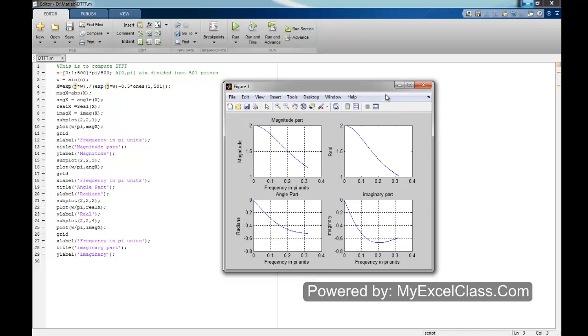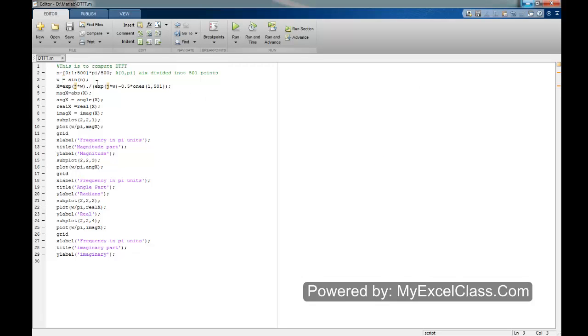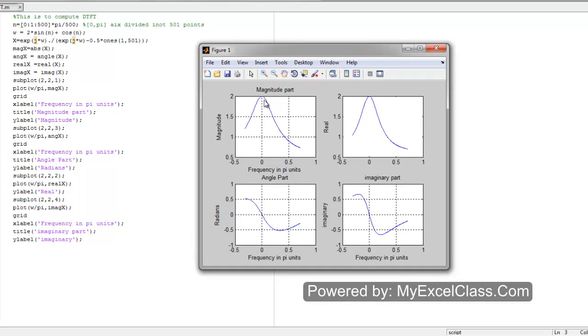Okay, this signal can be a combination of sine plus cosine, and it can be a scaled value with an amplitude of 2. So let's see what happens. So here you go, the magnitude has spiked at 0.